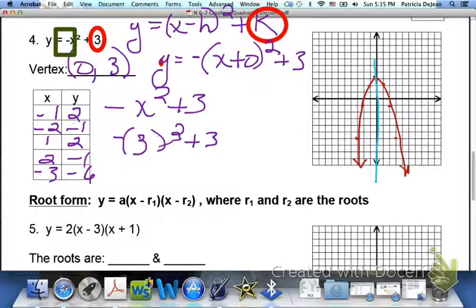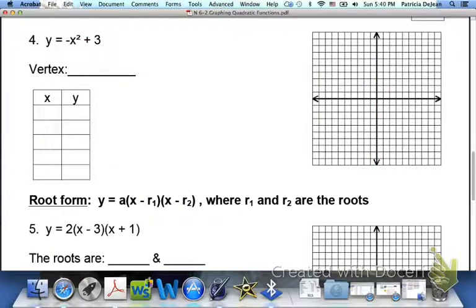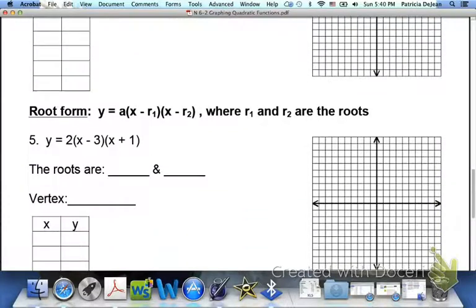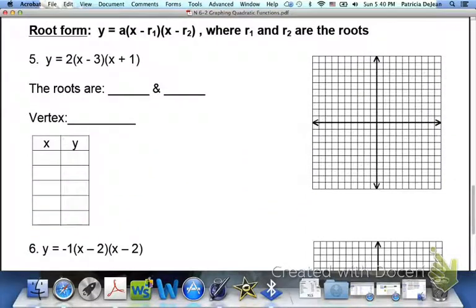Now let's move on to root form. Okay, root form is another way to graph a quadratic where we're given the roots. And it's like factoring. When you factor, you end up with roots. Roots are solutions to the quadratic.